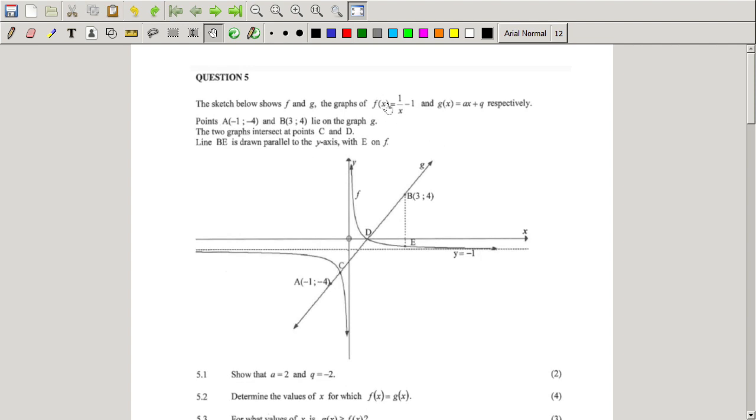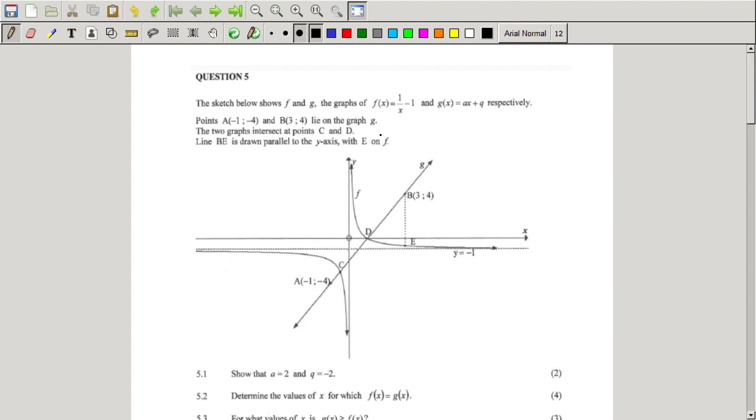One thing, before I check these points, let me first analyze the graphs a bit, not in depth. The graph of f is a hyperbola.